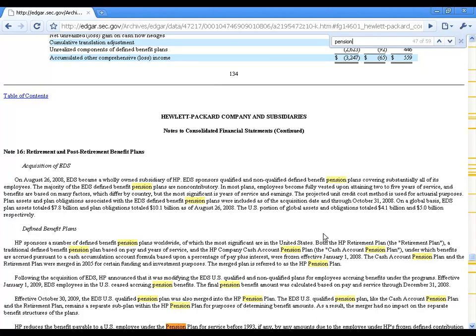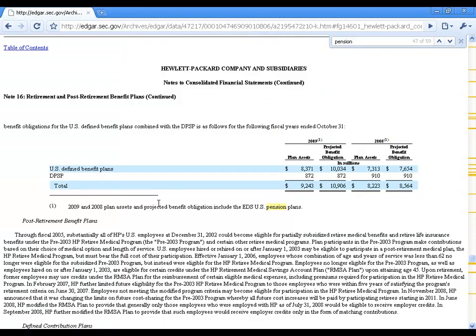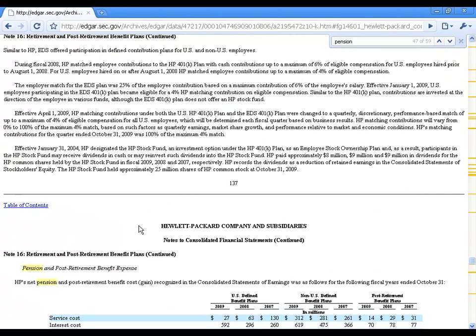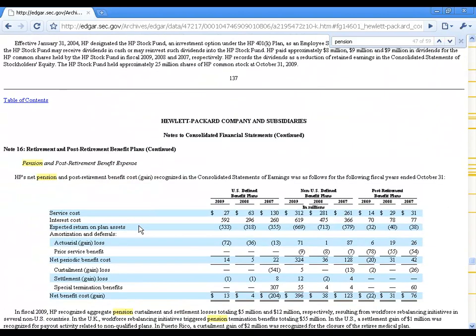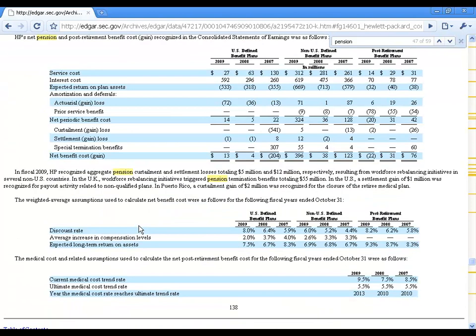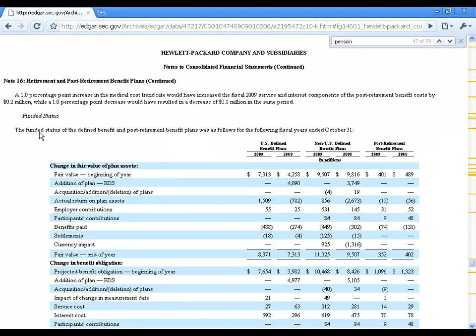So here's an entire section on defined pension and benefit plans. I'm scrolling through this because we want to see where they talk about whether the plans are funded or not. Okay, and so here's what we're looking for, this category called funded status.